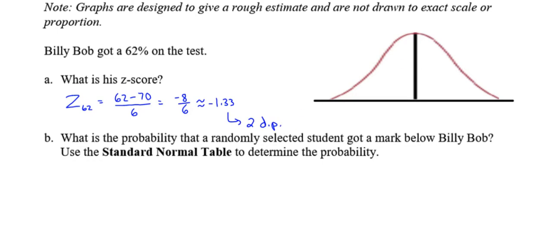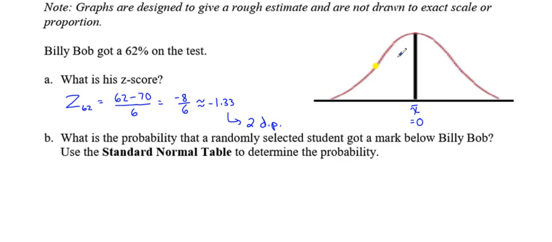Now on the diagram, the middle here represents the mean, which, because we've now standardized it by finding a z-score, is equal to 0. To estimate where a z-score of -1.33 is, it's not a huge deal, but I'll just give you a little idea.